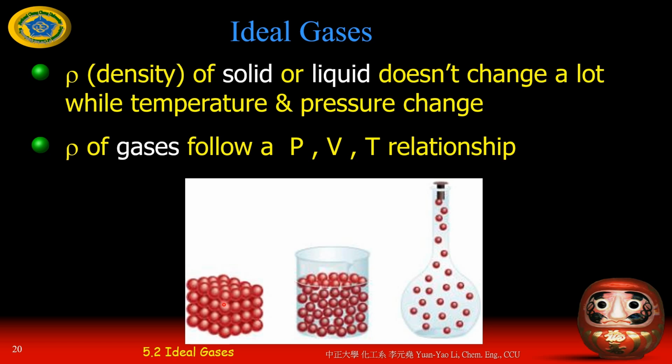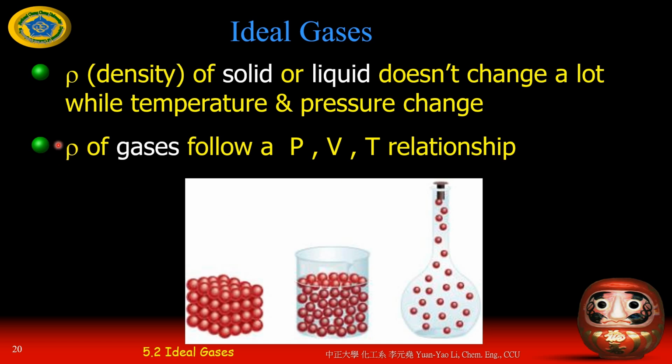However, if we increase the temperature to vaporize the species from liquid to gas, the density will change a lot. The density of gases follows the pressure, volume, and temperature relations.